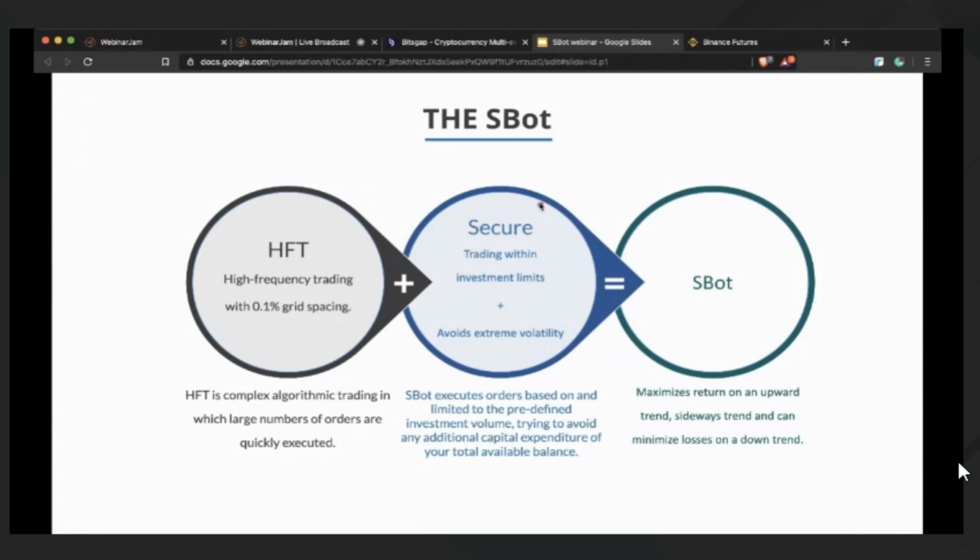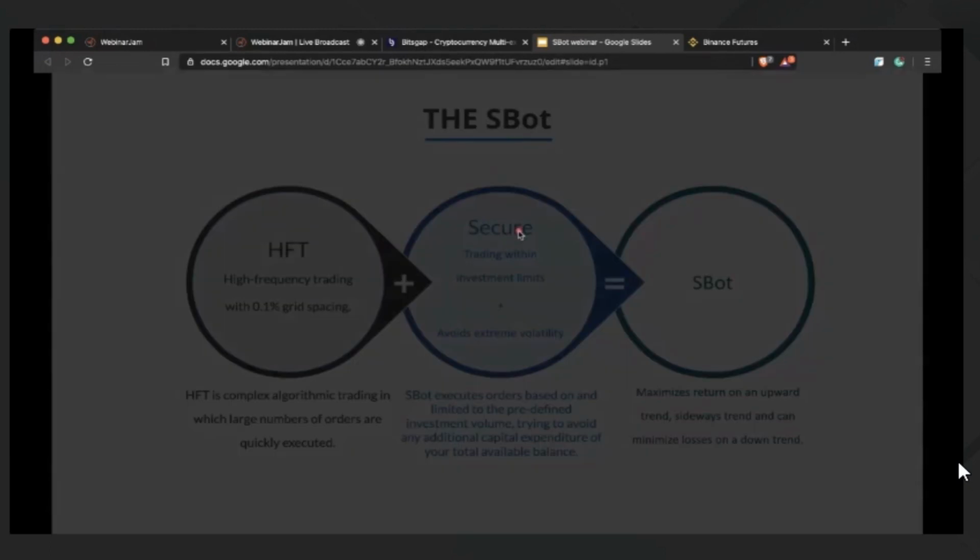I mean, it trades within the investment limits, it is designed to maintain the investment limit so that it wouldn't consume an extra, additional deposit in your balance. And yeah, let's move on.